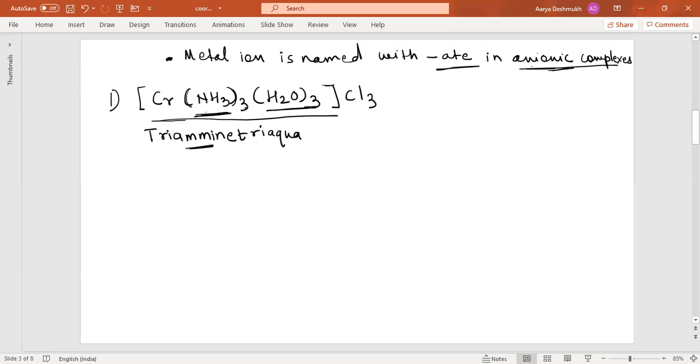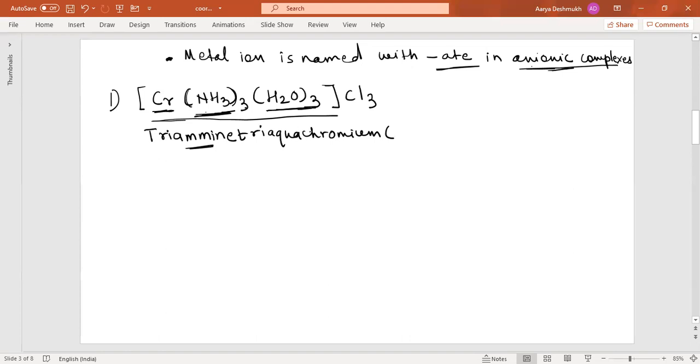We are done with this, so we are left with the metal. Here you write chromium, no space in the chromium. Now the important thing: what is the oxidation state of the metal atom?